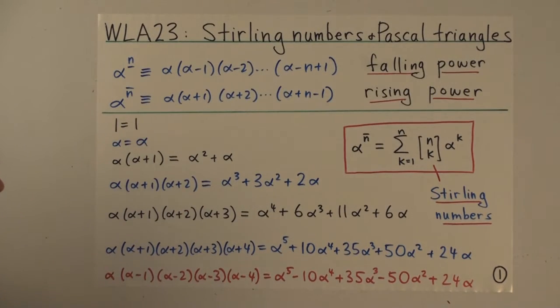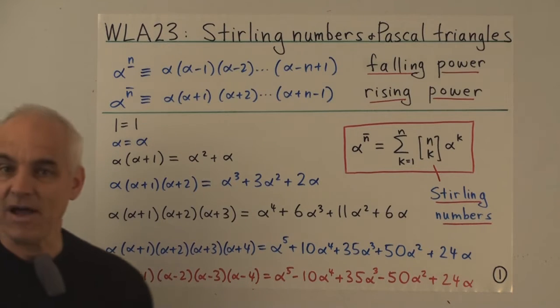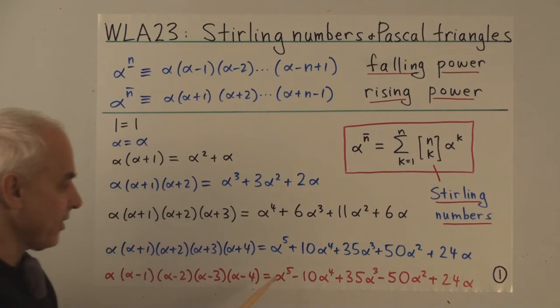Now you could say, well, what about the falling powers? We could do the same thing for the falling powers. For example, here's alpha to the 5 falling. Alpha times alpha minus 1 times alpha minus 2 times alpha minus 3 times alpha minus 4. When you expand that out, you get something that's very similar to alpha to the 5 rising. There it is right there.